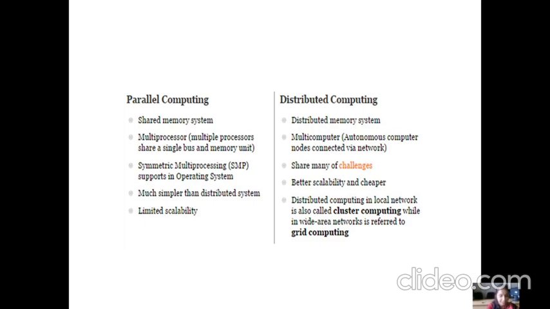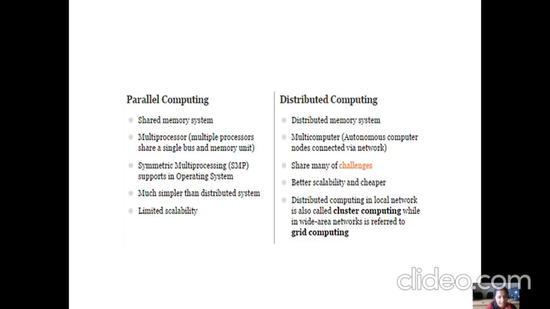Parallel computing has multiprocessors, whereas distributed computing has multi-computers. Okay, multiprocessors share the single bus and the memory unit, whereas multi-computers are computer nodes connected via the network.